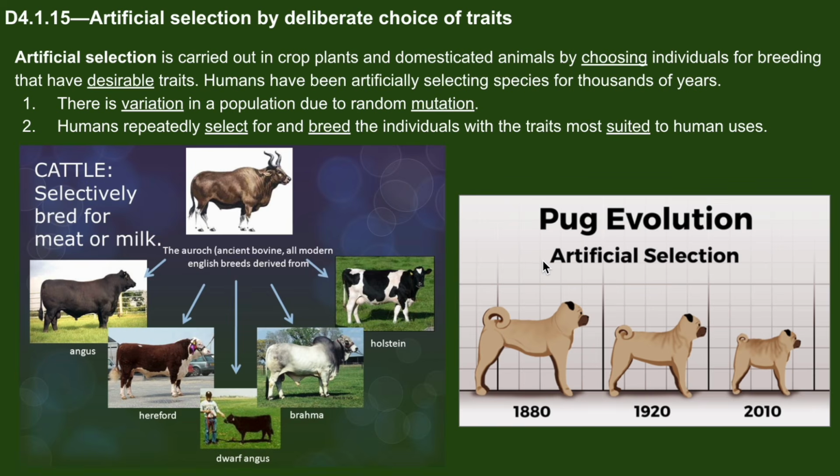We looked at pug evolution, where pugs were selected for their size and the length of their nose. Over a much shorter time, just over 100 years, we can actually see a huge change in that population based on humans choosing traits.